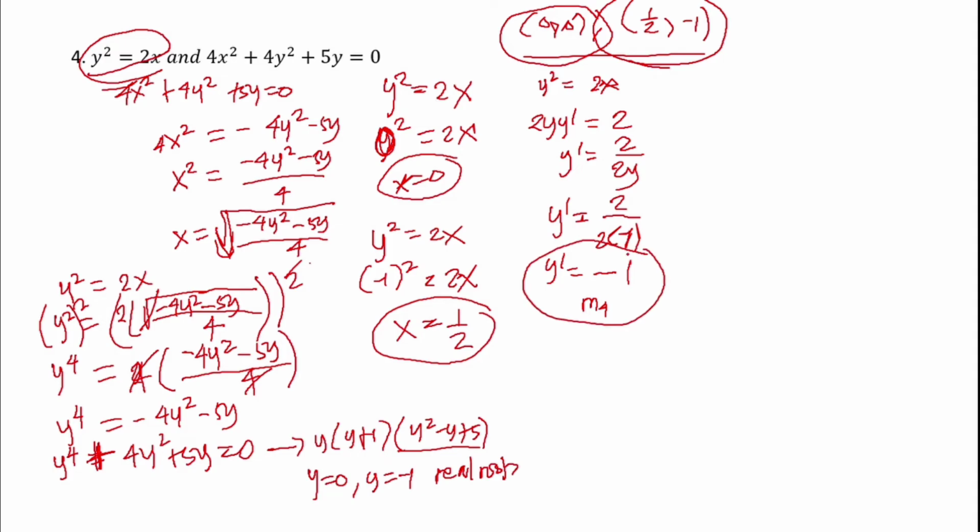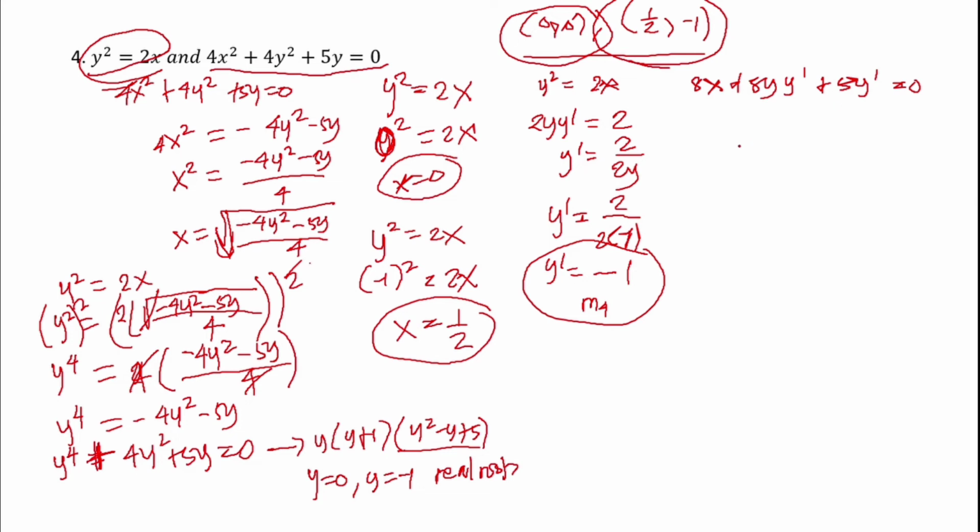And in order for us to find the derivative of the second function, we have here 8x. Okay, this is 8x plus 8y, y prime, plus 5y prime is equal to 0.